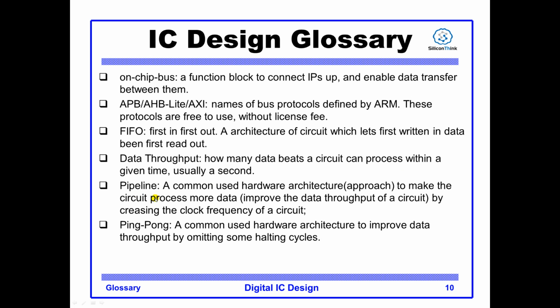Pipeline is a commonly used hardware architecture to make the circuit process more data, that is, to improve the data throughput of the circuit. It can improve the data throughput because this method can increase the clock frequency of the circuit.